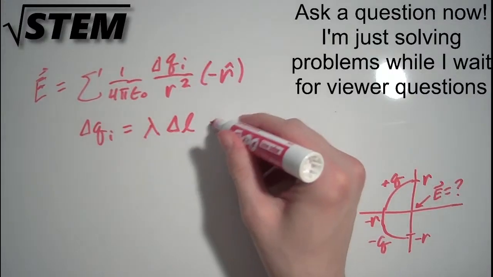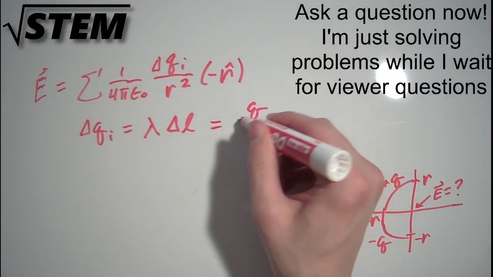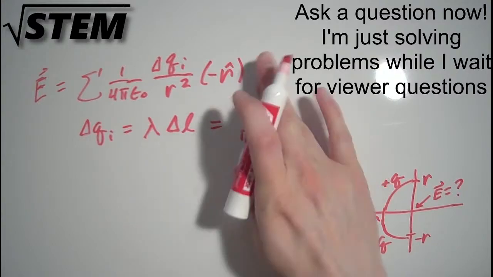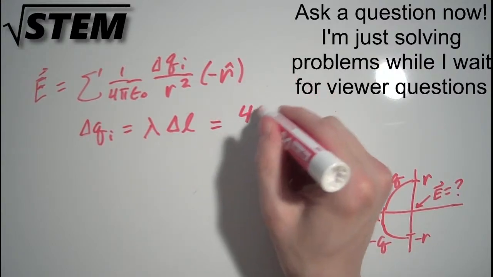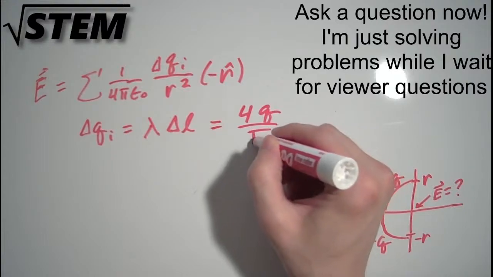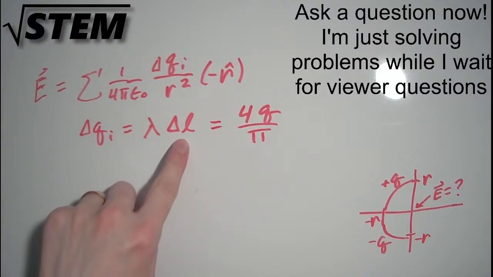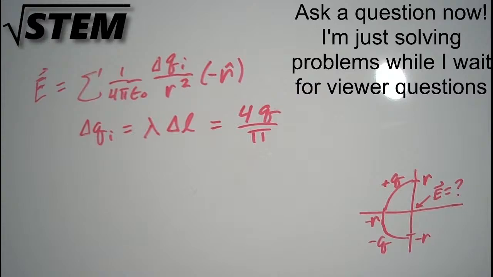So lambda equals q over pi over 4, or 4q over pi, and the small bit of length is going to be r delta theta.